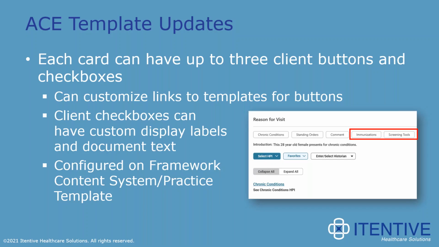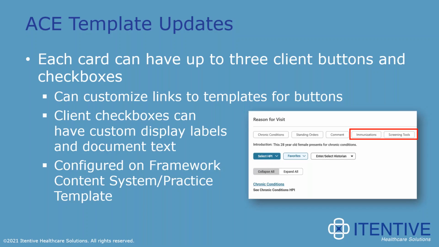So here on our ACE templates, we will also see the ability to add up to 3 what are called client buttons, as well as 3 client checkboxes. So we can add up to 3 per card. So each card, again, a card could be like the reason for visit, can have 3 separate buttons as well as 3 separate checkboxes.